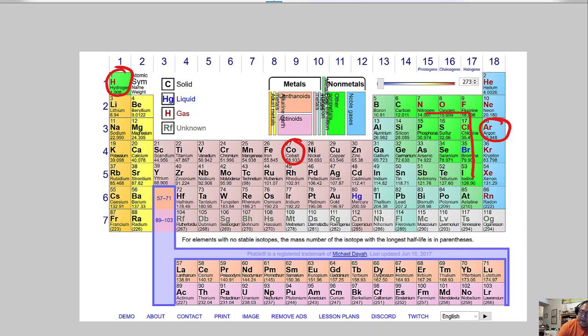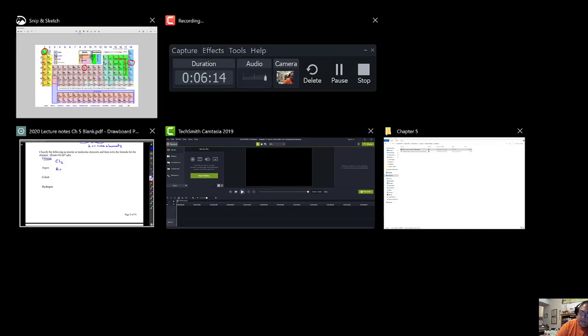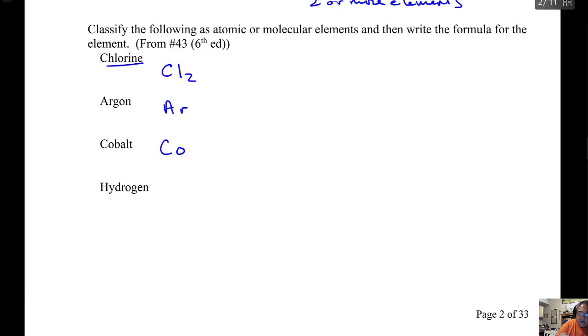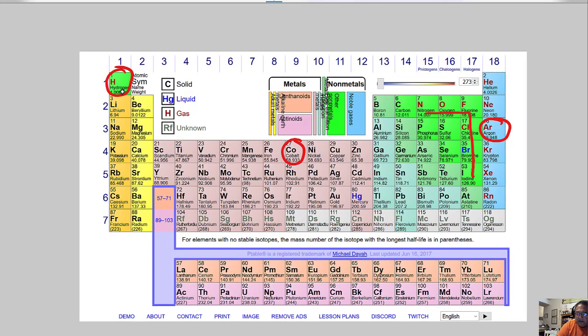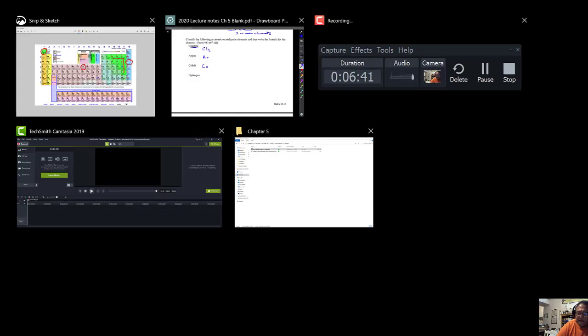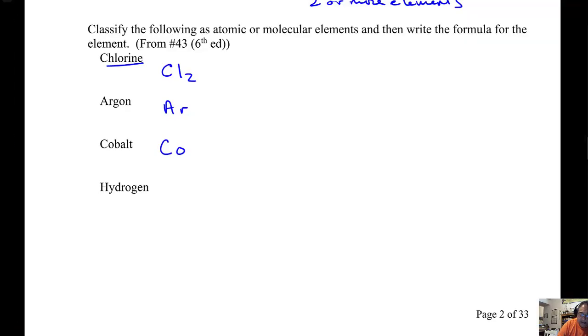Since cobalt is not one of those, if you write its formula, you would simply write Co. And then hydrogen, its position is over here in the top left-hand side, but it's one of the 7. The 7 consists of the H, then N, O, F, and then the Cl, the Br, and the I, and hydrogen is one of those. Since hydrogen is one of the diatomics, we would write it as H2 for its formula.